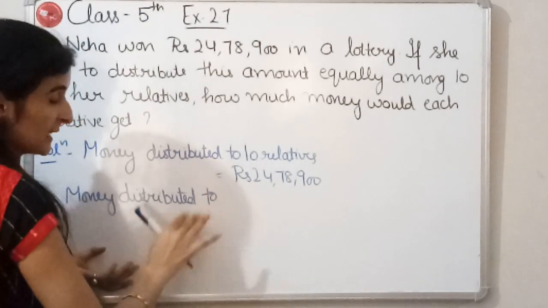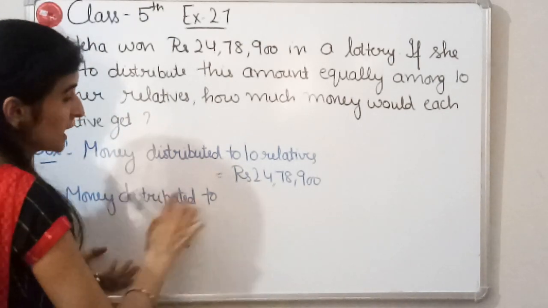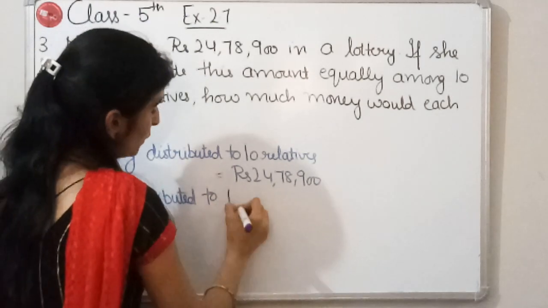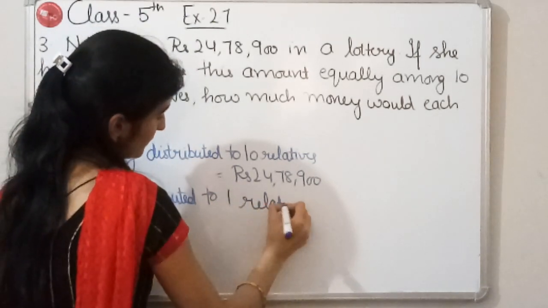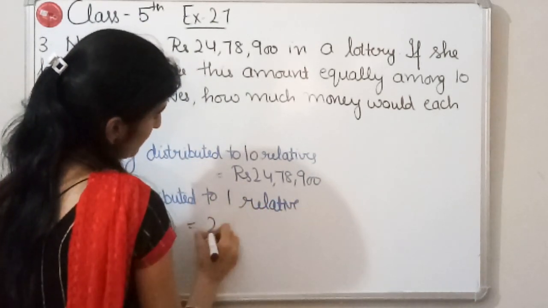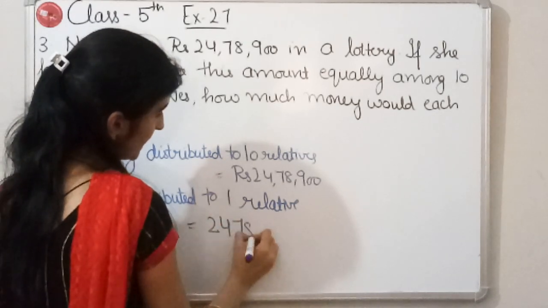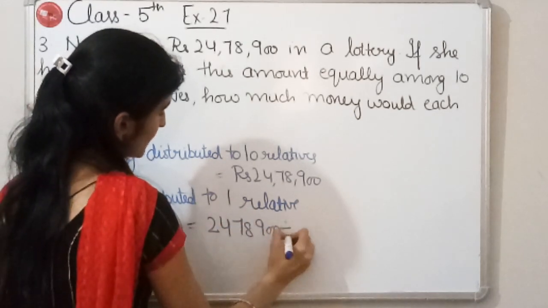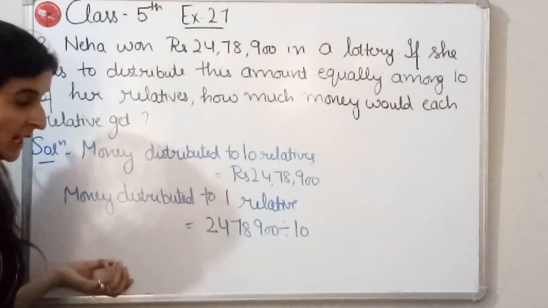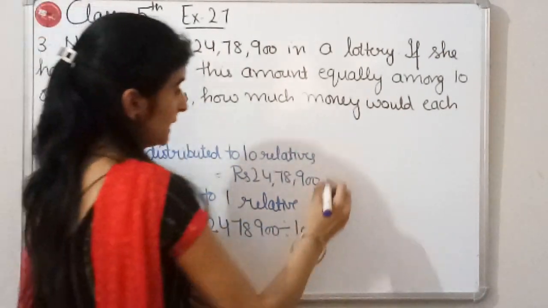Okay, and in the next line you can write money she has to distribute to one relative. So that will be 24,78,900 divided by 10. As we all know the table of 10.